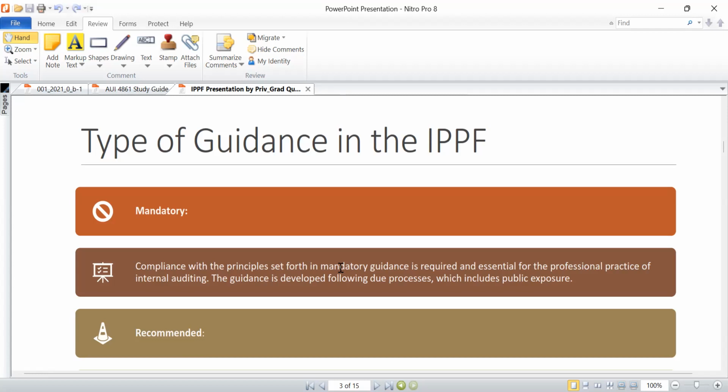You're going to see it, especially when I begin to talk about, for example, the IPPF standards. When you're conducting internal audit activities, you need to perform them in line with the standards. It will make more sense when I get to discuss them.